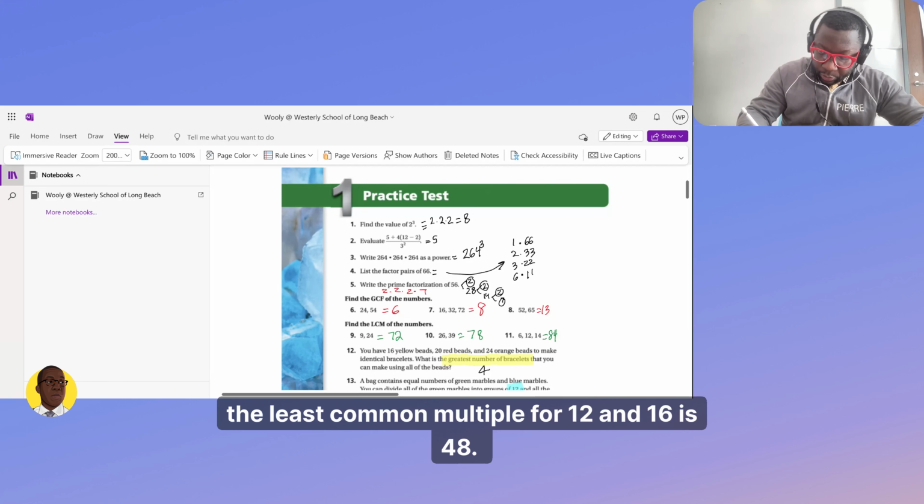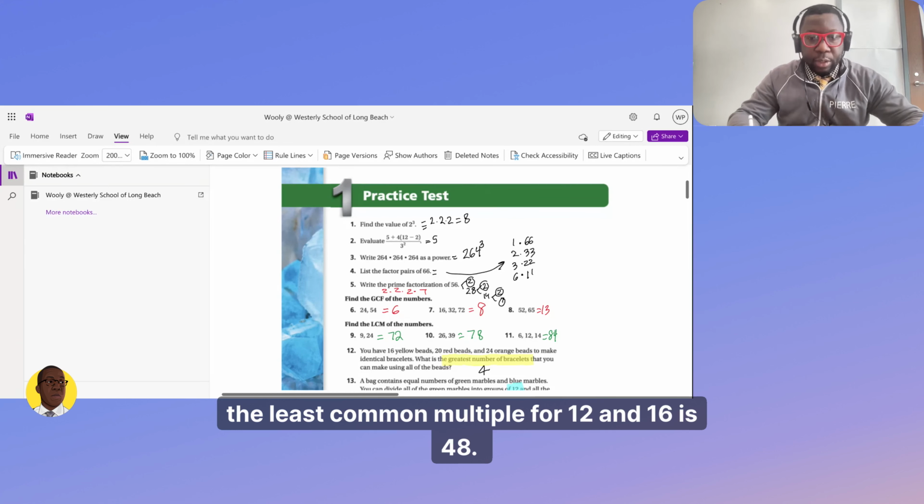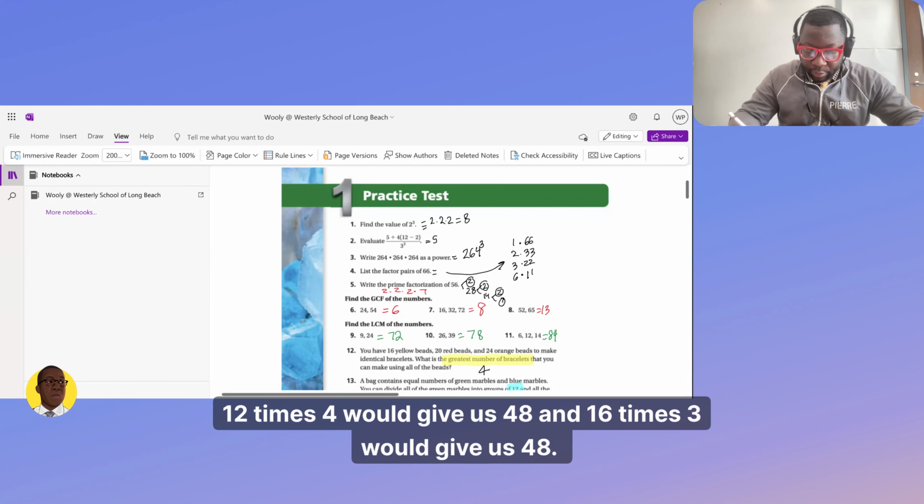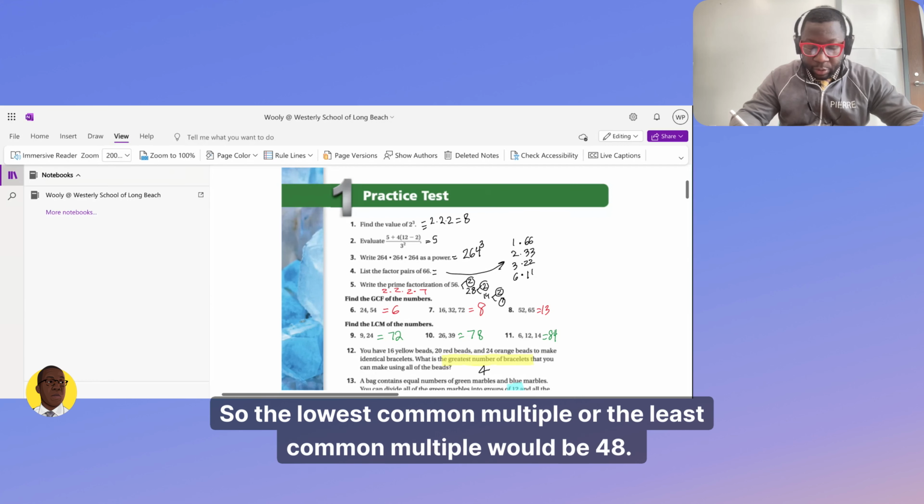The least common multiple for 12 and 16 is 48. 12 times 4 would give us 48, and 16 times 3 would give us 48. So the least common multiple would be 48.